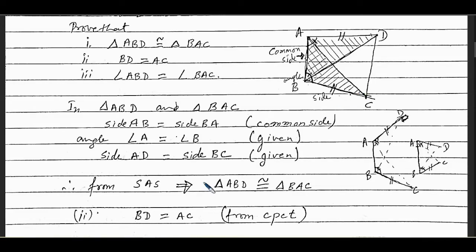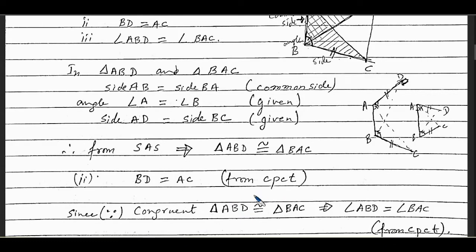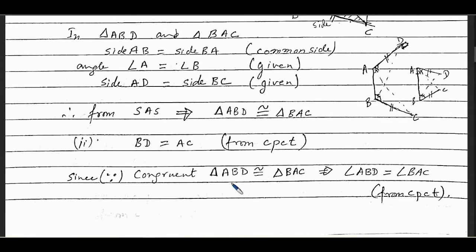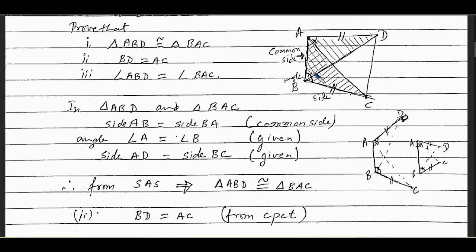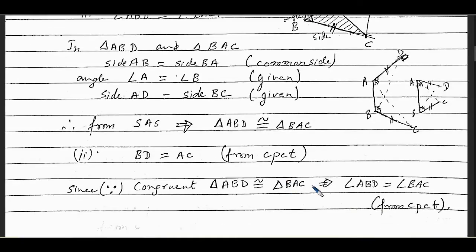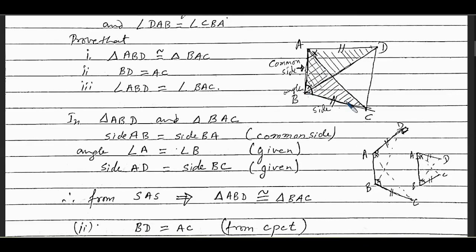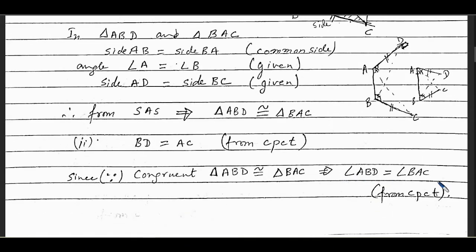So these are the corresponding parts. So BD is equal to AC from CPCT. And because these triangles are congruent, it implies angle ABD is equal to angle BAC. This is also from CPCT.